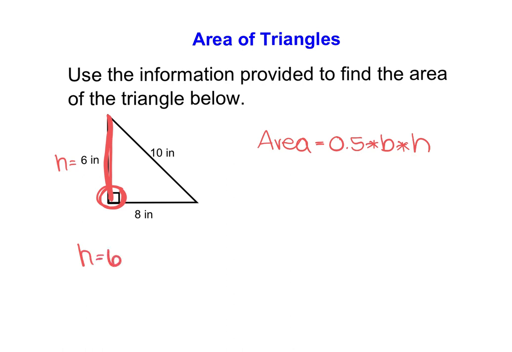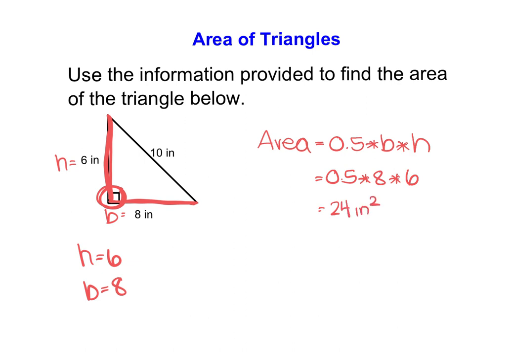My height is actually a side length. And because the side length that makes a 90-degree angle with that height is 8, my base value is equal to 8. So to calculate my area, we take 0.5 times my base, which is 8, times my height, which is 6, and I end up with an area of 24 inches squared.